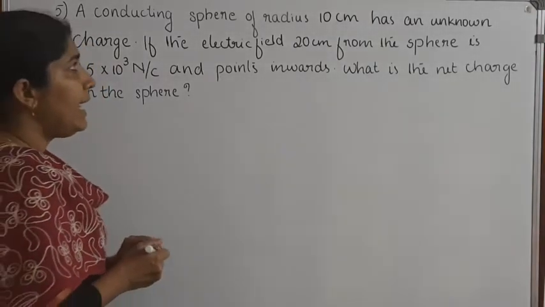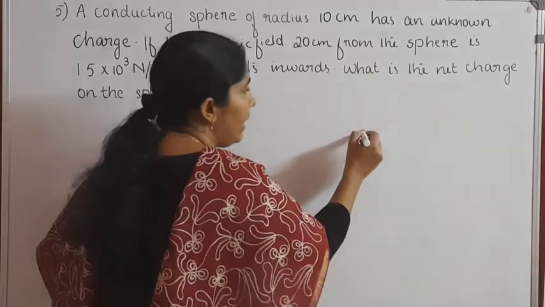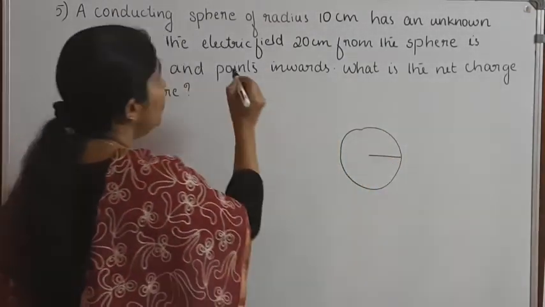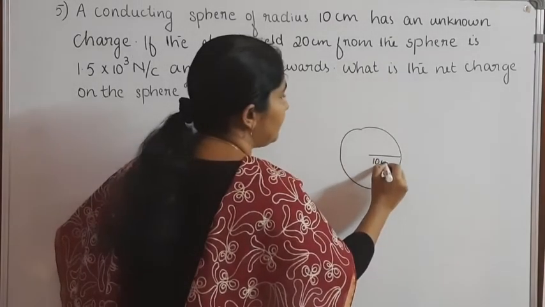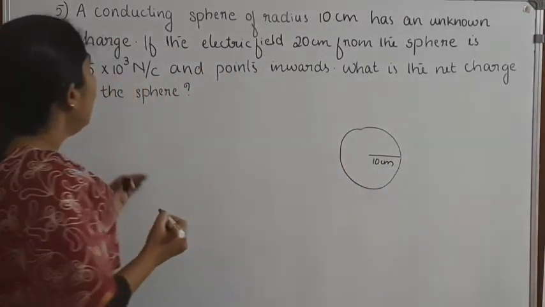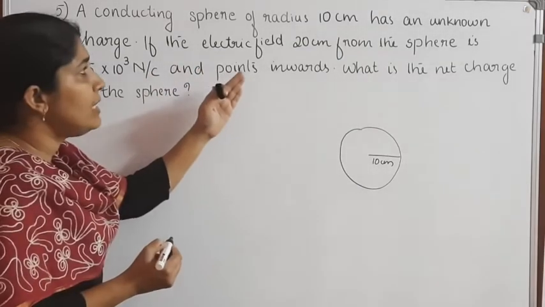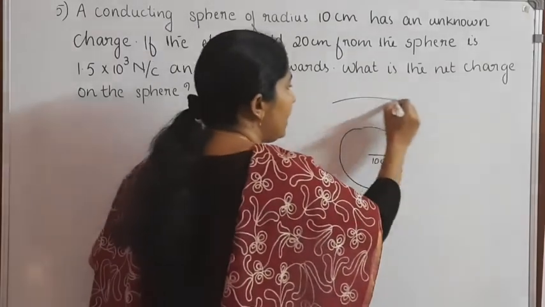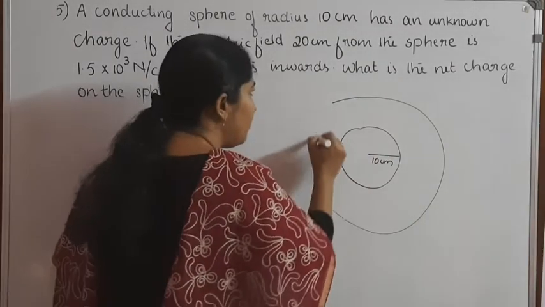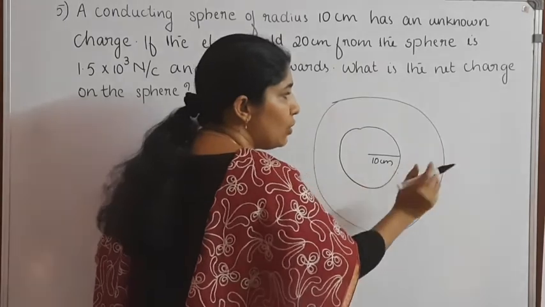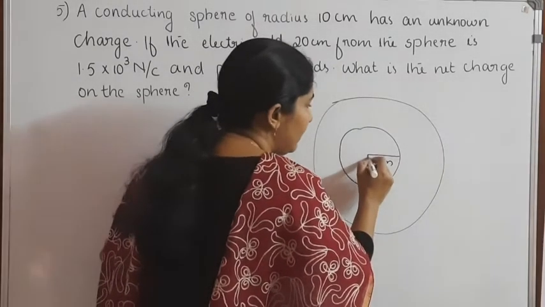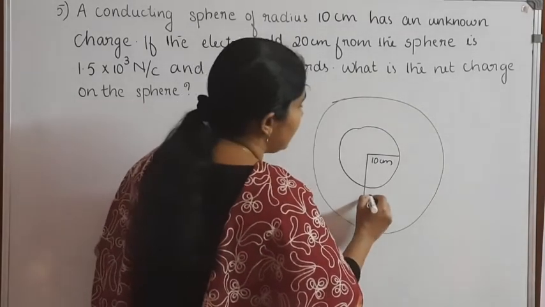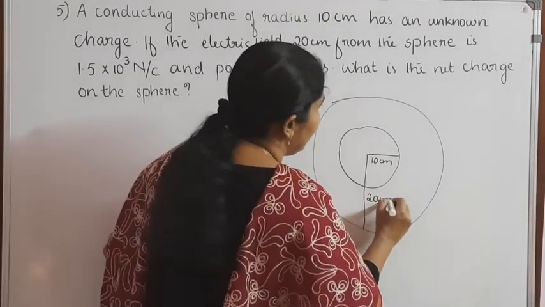For this, a conducting sphere is given here, having radius equal to 10 centimeter. The electric field at a distance 20 centimeter from the sphere is, for this we consider the Gaussian surface like this, a Gaussian sphere having radius equal to 20 centimeter.